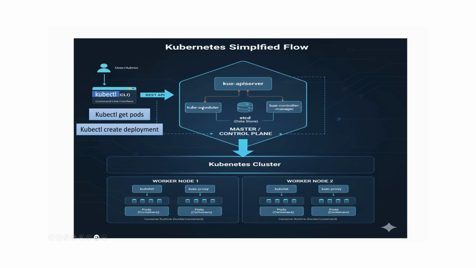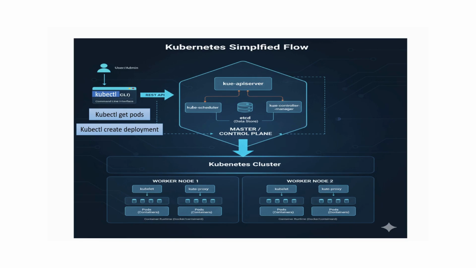Once the scheduler picks a worker node, the request goes down to that worker node. Each worker node runs a kubelet, an agent that communicates back to the API server and ensures the containers are running, and a kube proxy which handles networking and load balancing. Finally, the actual containers are created by the container runtime, be it Docker, Containerd or Podman, and they run inside pods.